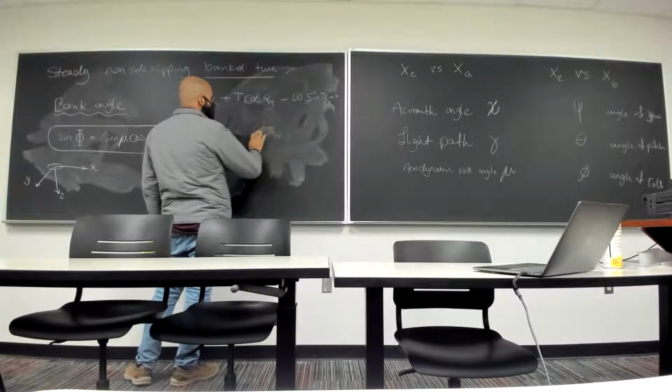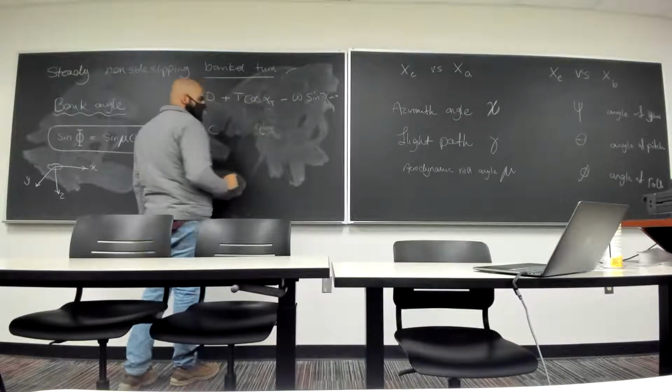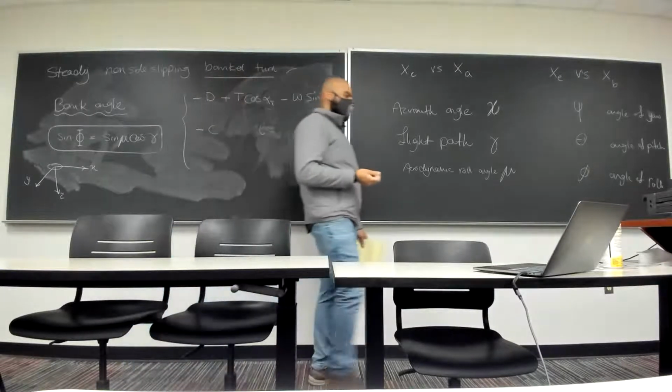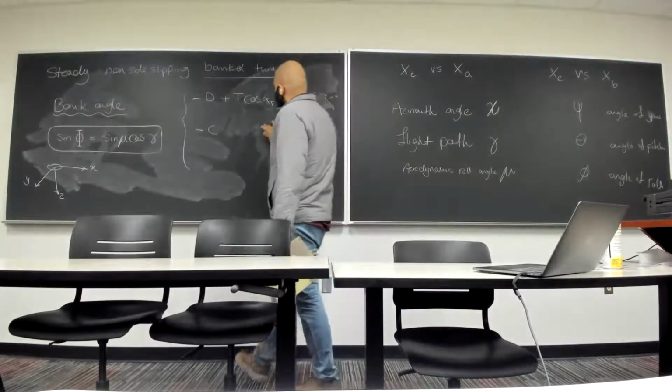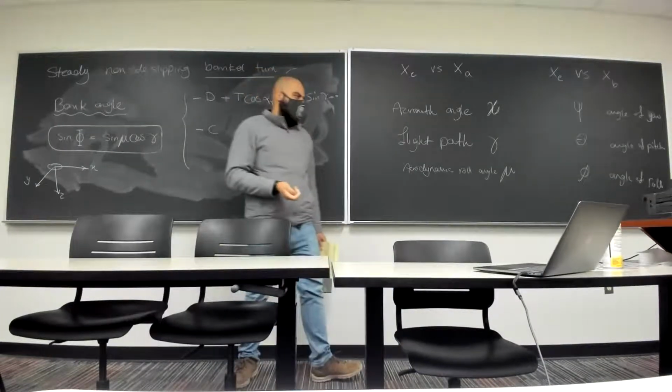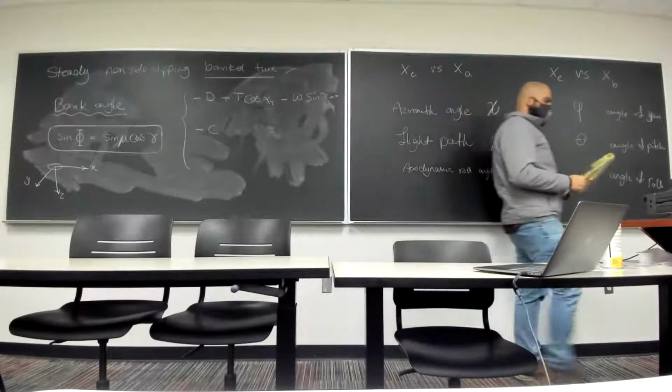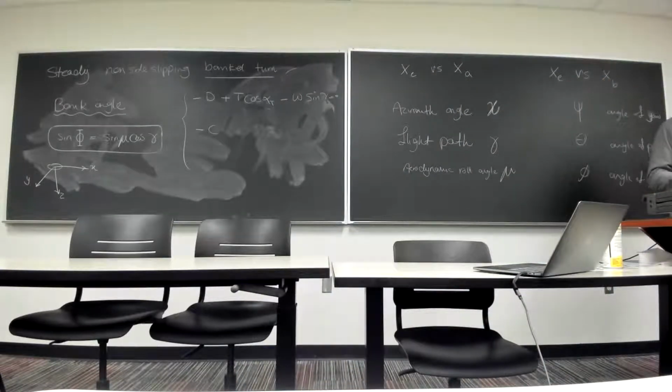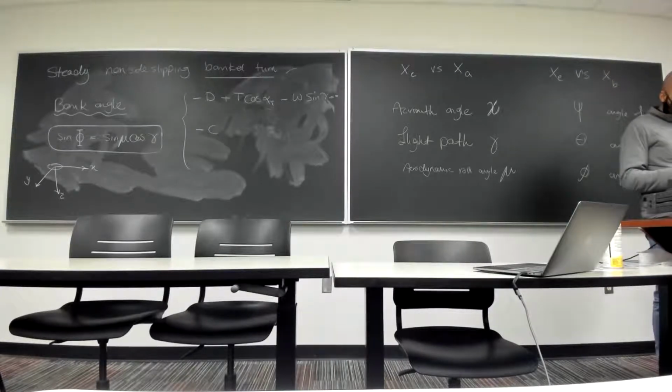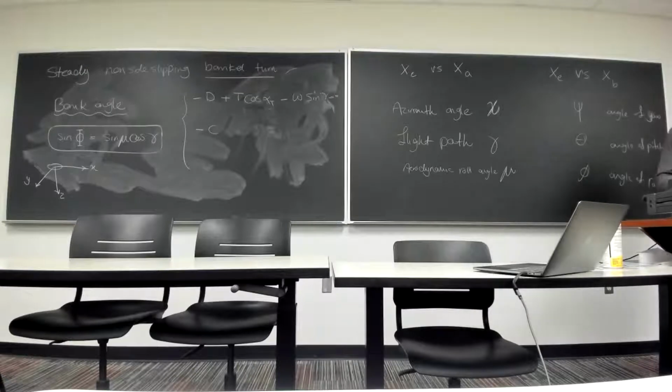Okay, let's think about it a little bit. What was the general form of the equation? Let's go back to the general aerodynamic equation we had. What was A of Y, the aerodynamic forces in the Y direction? Did we have any contribution of lift in that direction? So we don't have lift here.